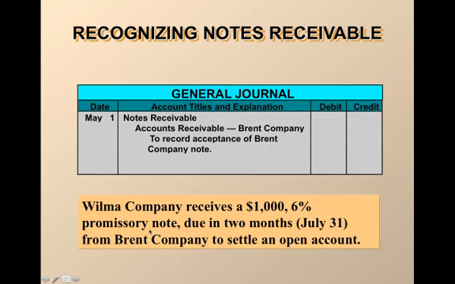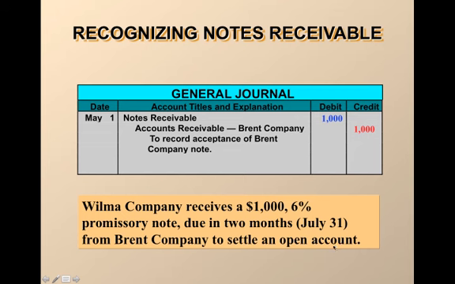Now, with respect to recognizing notes receivable, let's look at this example. Wilma Company receives a $1,000 6% promissory note due in 2 months from Brent Company to settle an open account. Now, in this particular case, and this is on May 1st, we are just going to recognize the note. So the $1,000 is going to be notes receivable. And in this case, an accounts receivable has been converted. You'll notice here it said to settle an open account.